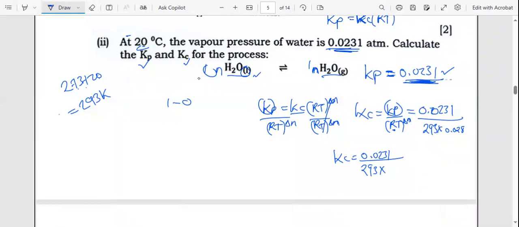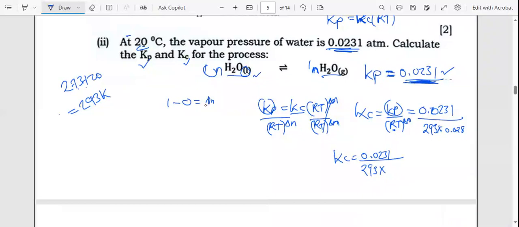It means the change in moles will be just the same one, because there's nothing you can do from there. So once we subtract there, we say 1 mole. So the change in moles is actually that 1 we have there.